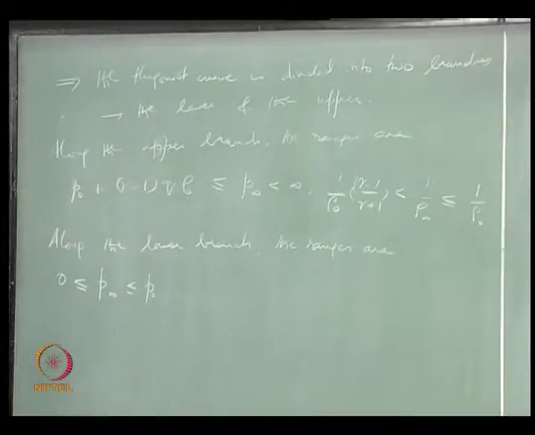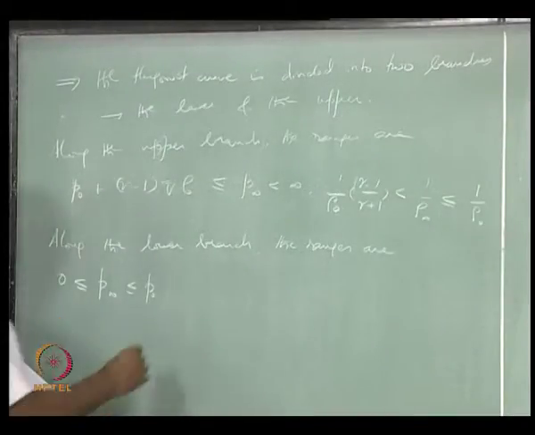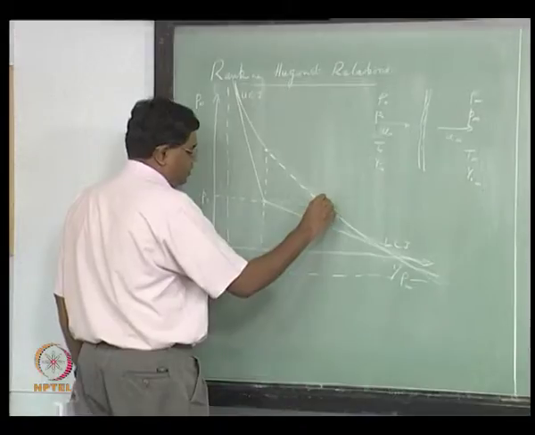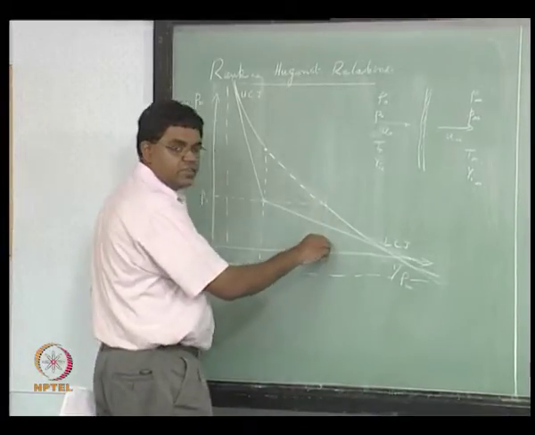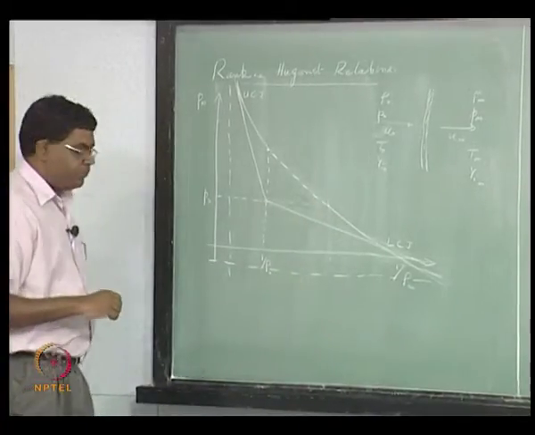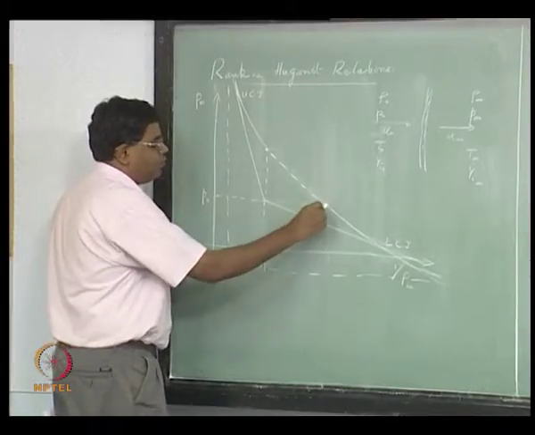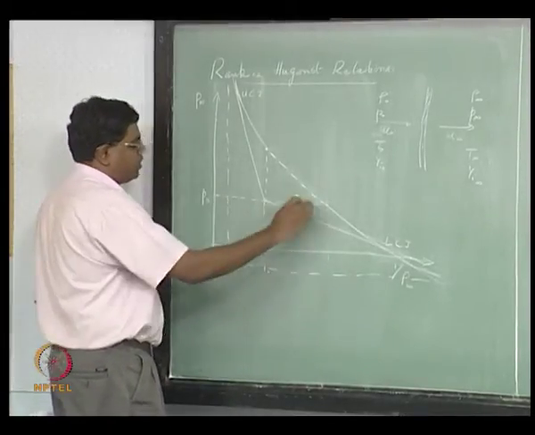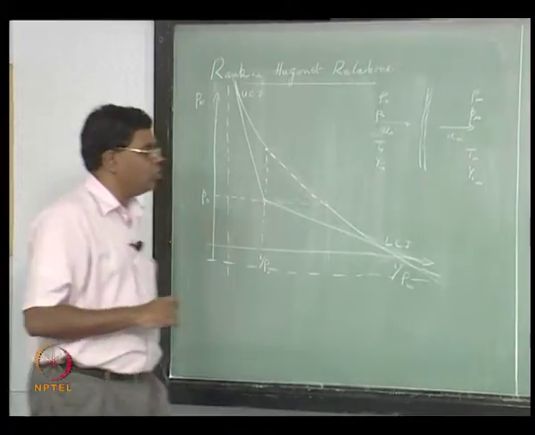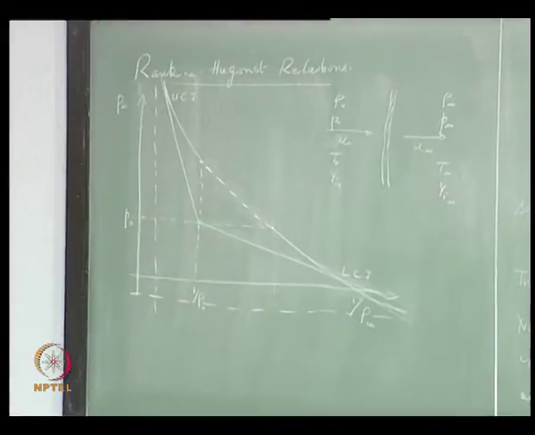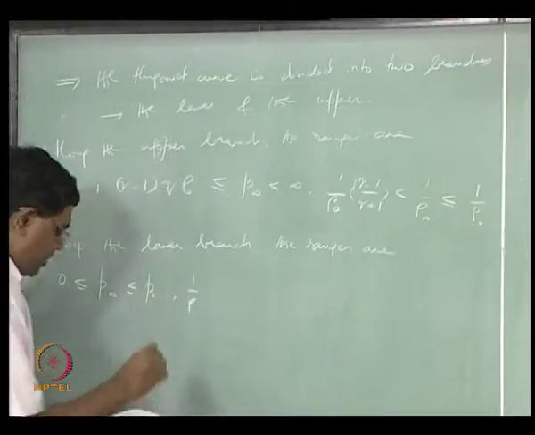Now you look at the lower branch. It starts from here, so the lowest value of 1 over rho infinity corresponds to this value, which is obtained by plugging P infinity equal to P naught in the Rankine-Hugoniot relation. You should now get an expression that depends on Q linearly.